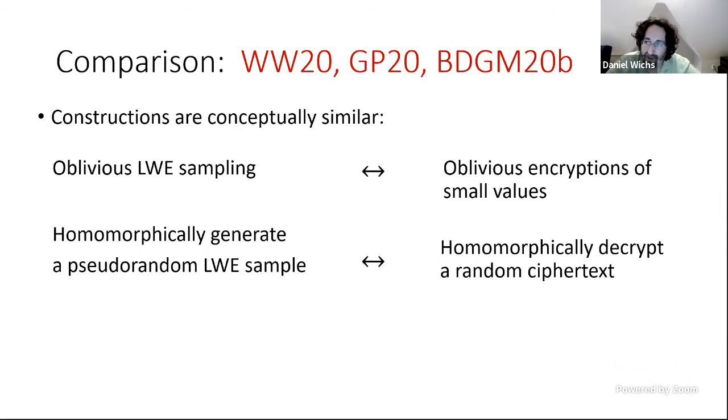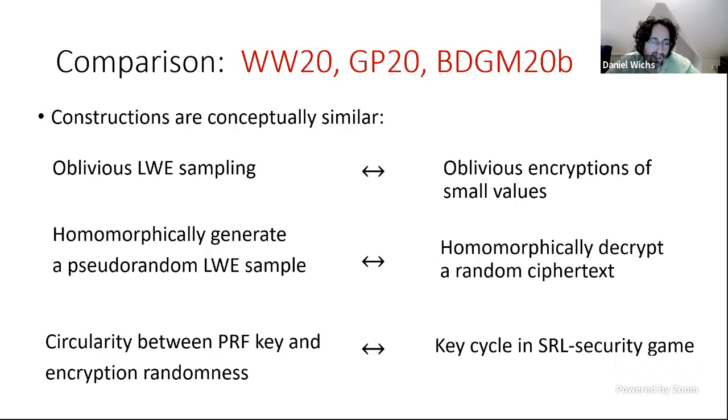Decryption is usually just an inner product with rounding, and inner product with rounding is actually a good weak PRF. We could have actually used a weak PRF instead of a PRF; it wouldn't have made a difference. So maybe you can think that this homomorphic decryption of a random ciphertext is not that different from homomorphically evaluating a pseudorandom function, for a particular pseudorandom function.